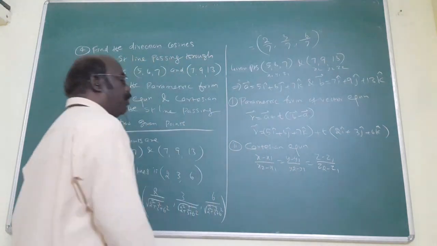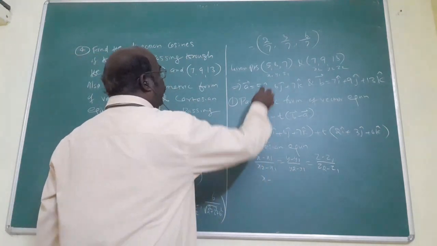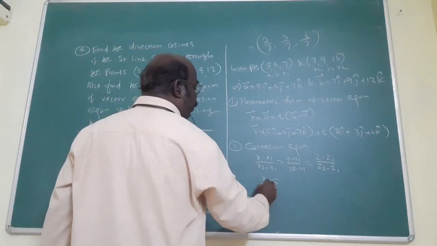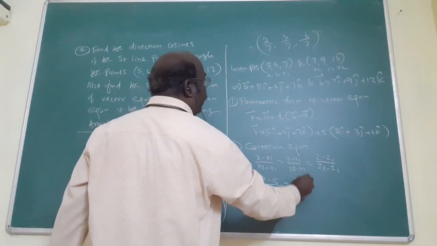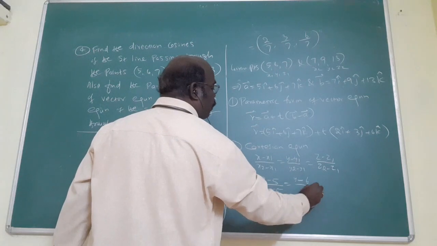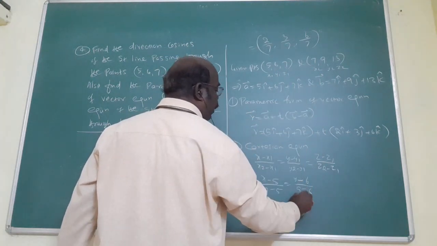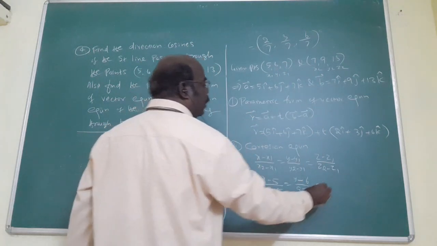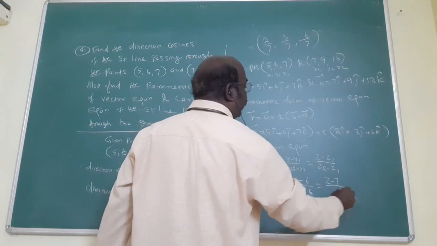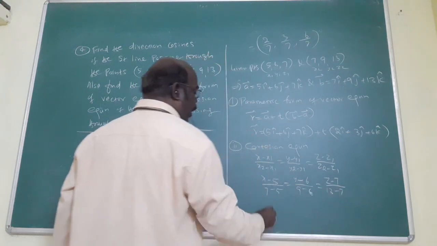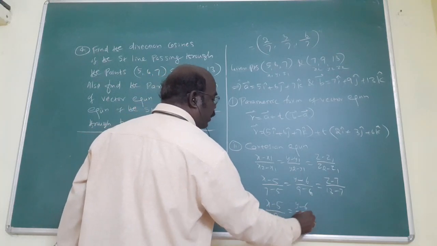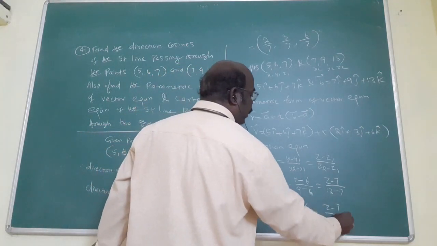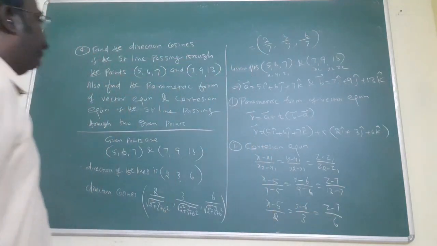In this way, write the formula. x minus x1 is x minus 5, divided by 7 minus 5. y minus y1 is y minus 6, divided by 9 minus 6. z minus 7, divided by 13 minus 7. The answer is x minus 5 by 2 equals y minus 6 by 3 equals z minus 7 by 6. This is the answer. Very simple concept.